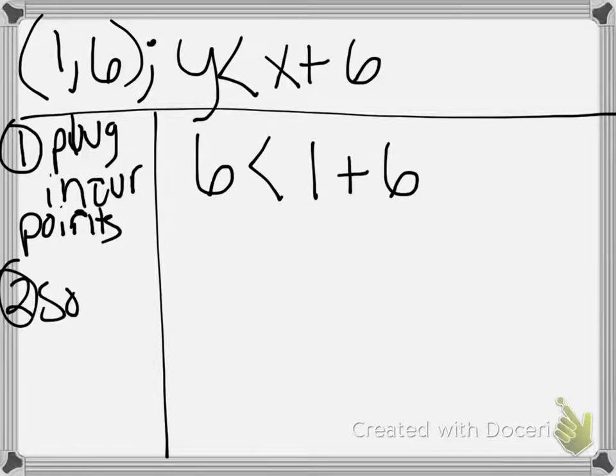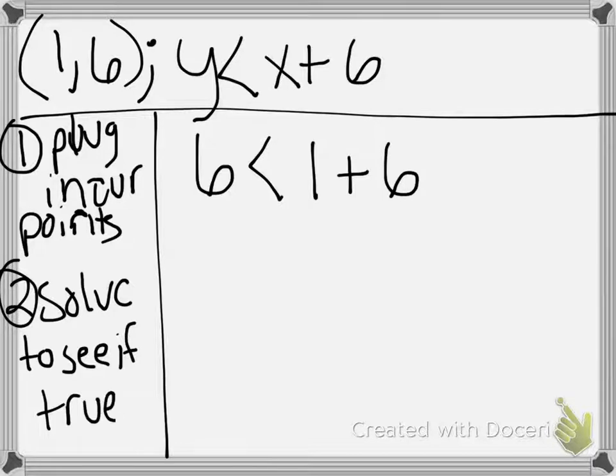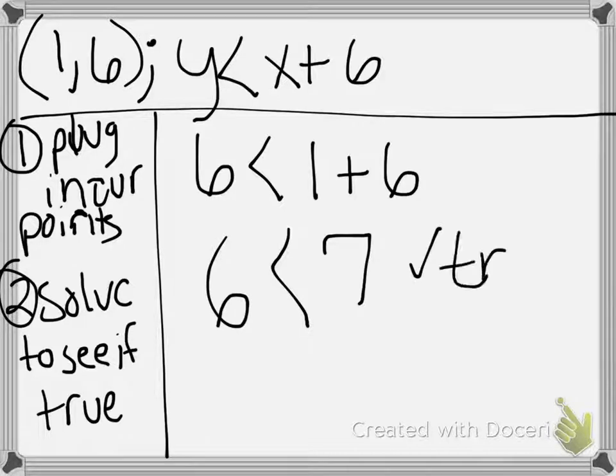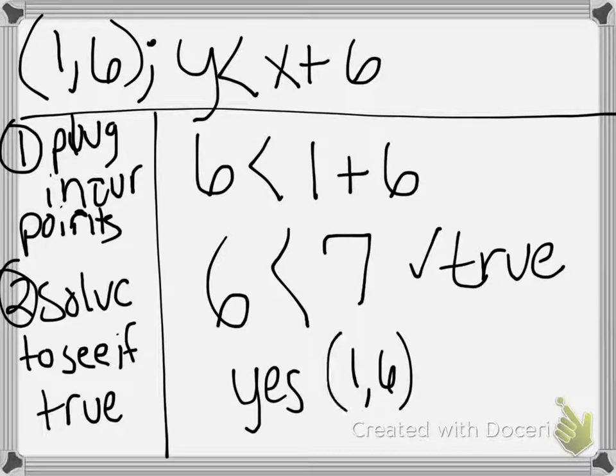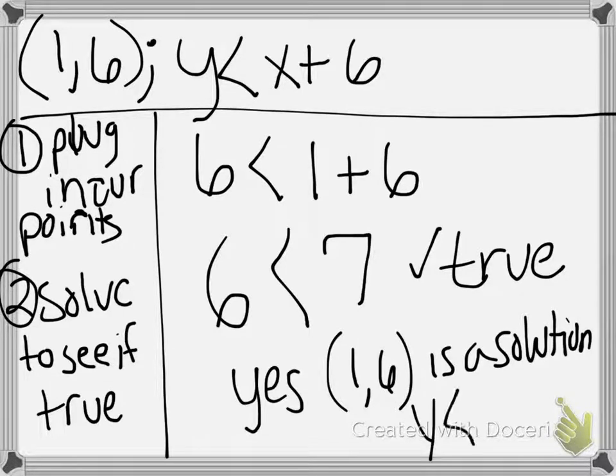Then we solve to see if it's true. 1 plus 6 is 7, and bring down my 6. Is 6 less than 7? Yes, it is true. So we'd say yes, (1, 6) is a solution to y less than x plus 6.